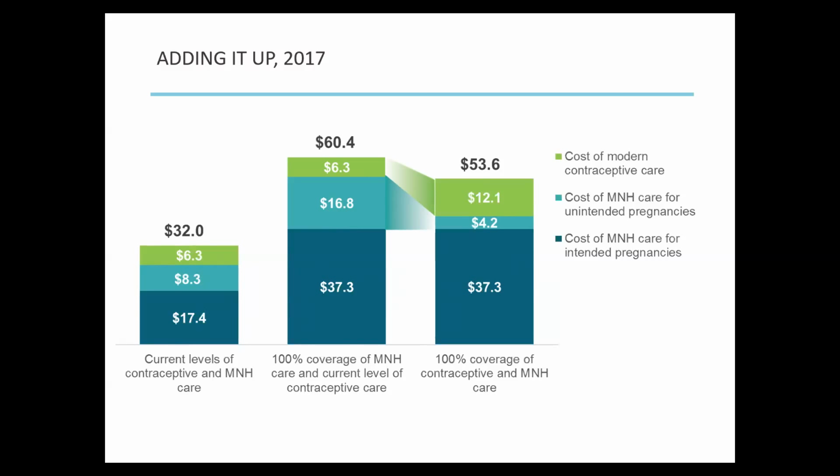And you can see, between the second and the third bar, an increase in the cost from 6.3 billion to 12 billion. You can also see a decrease in cost of maternal neonatal health care from the reduction in unintended pregnancies. And you can see that that goes from 16.8 billion to 4.2 billion.